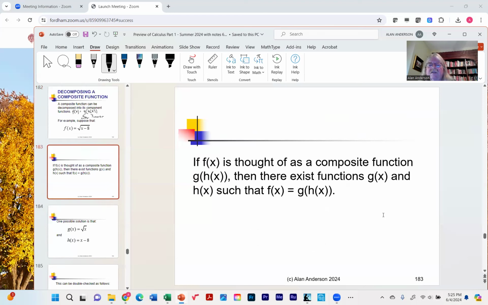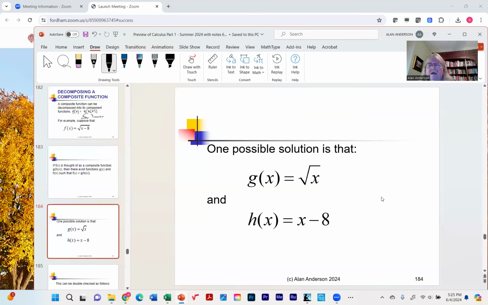So basically, in this case, since our original function is radical x minus 8, then we could claim quite correctly that h of x could be x minus 8, and then g of x could be radical x.